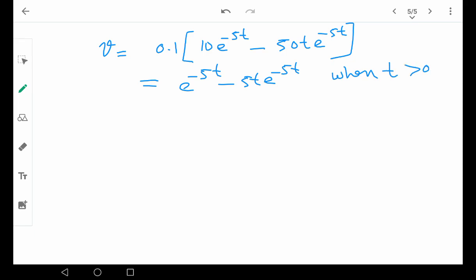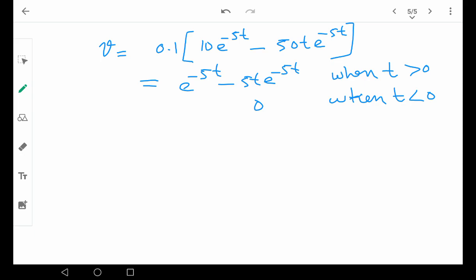When t is less than 0, you can see that it is 0, because I equal to 0, di by dt will be 0. And 0 when t is less than 0. That's the answer.